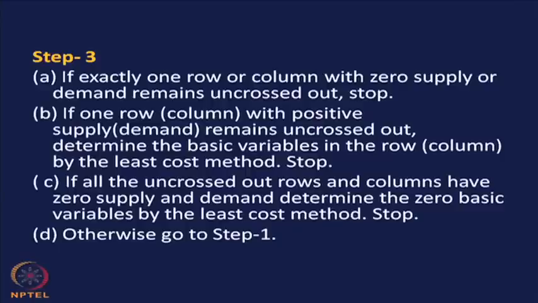C: if all the uncrossed out rows and columns have 0 supply and demand, determine the 0 basic variables again by the least cost method and then stop. Otherwise, go to step 1 and repeat the process.